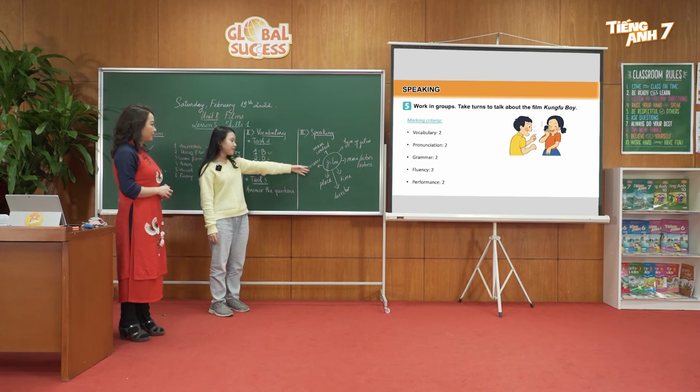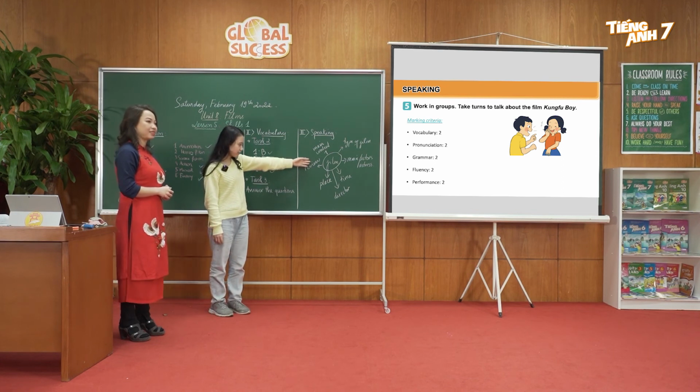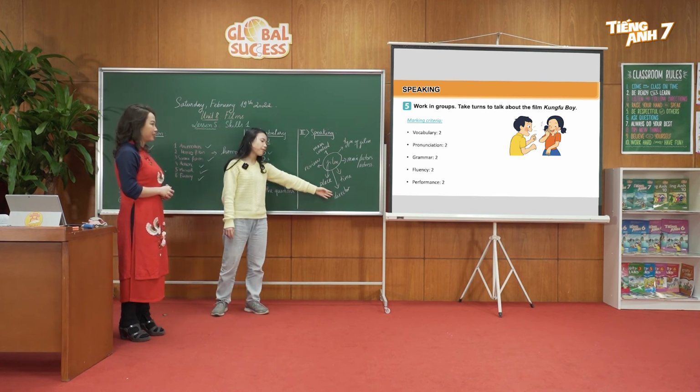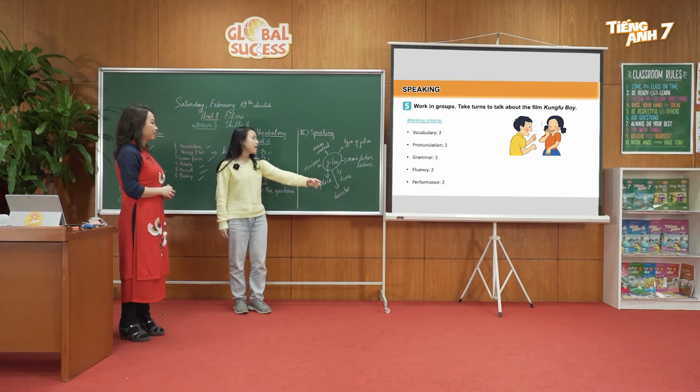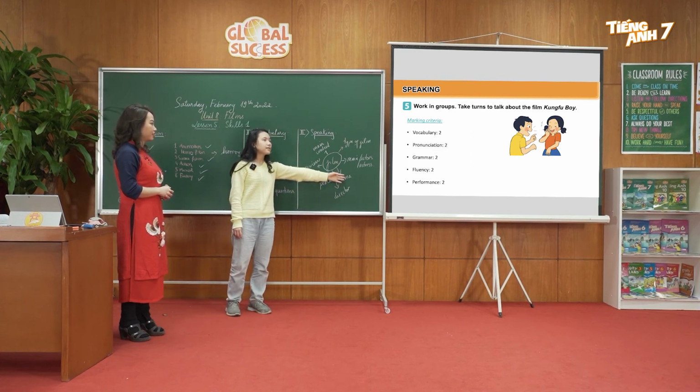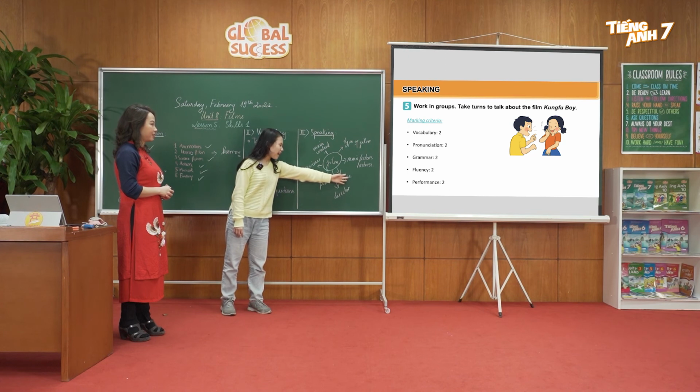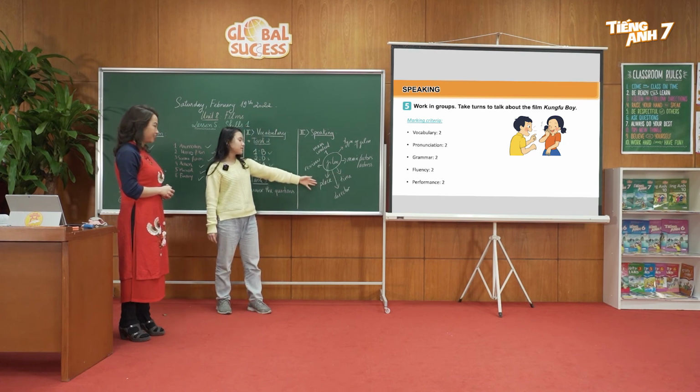And people said the film is very funny and interesting. The director of the film is John Stevenson. The time we can see the film is 4:30 p.m. and 8:30 p.m. We can see the film at Ngọc Khánh Cinema.